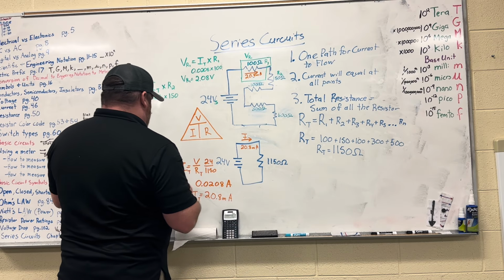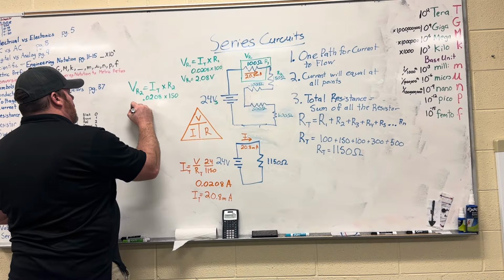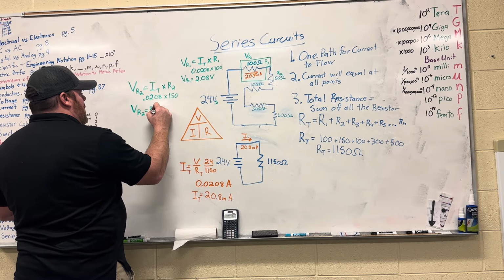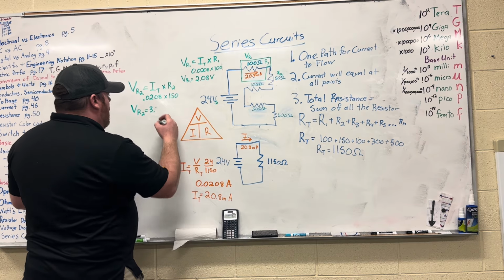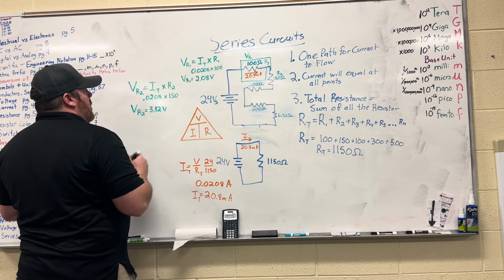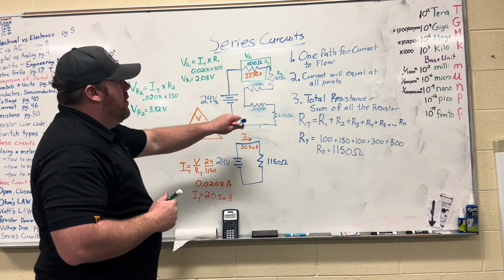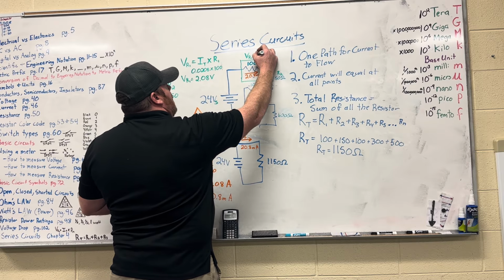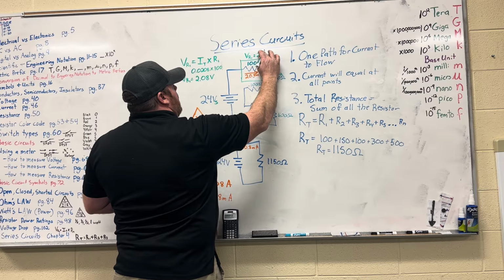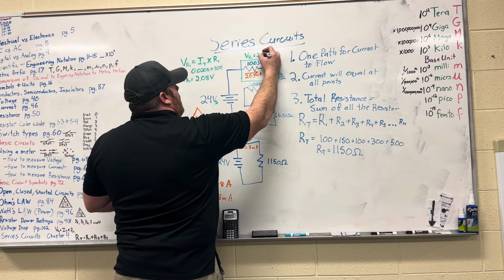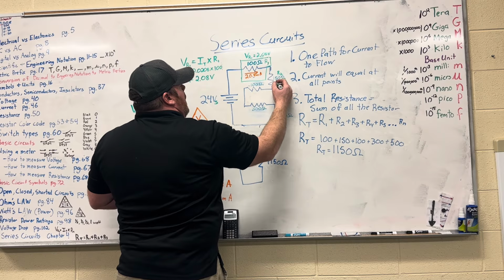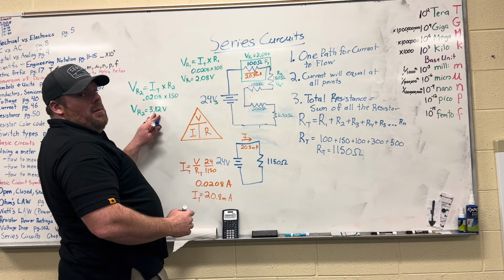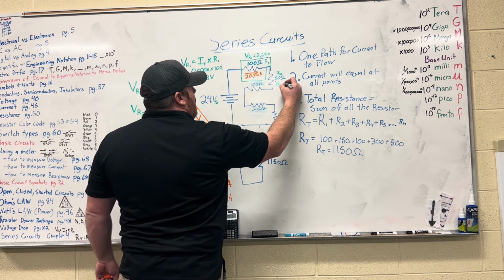We get 3.12 volts. Voltage drop across the second resistor is 3.12 volts. So that's the voltage drop here. R1, we saw, voltage drop here would be 2.08, and the voltage drop across R2 is going to be 3.12 volts.